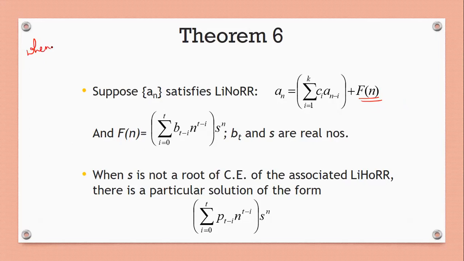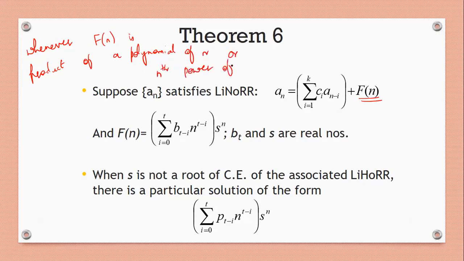Whenever f of n is a product of a polynomial of n and nth power of a constant, then we will be using theorem 6.